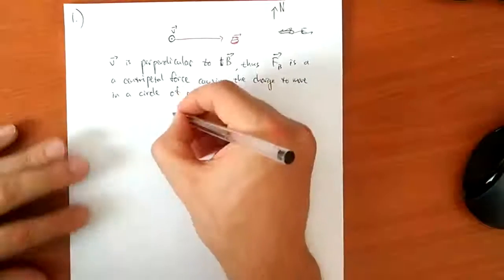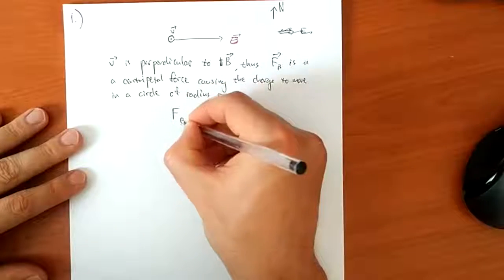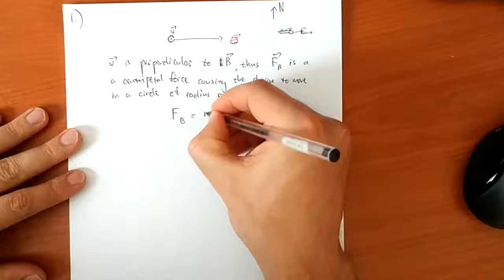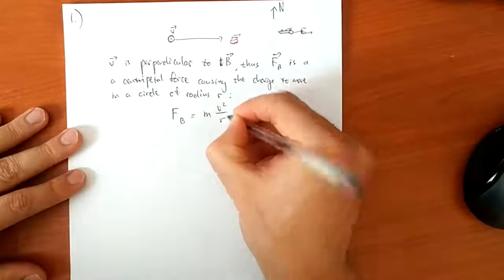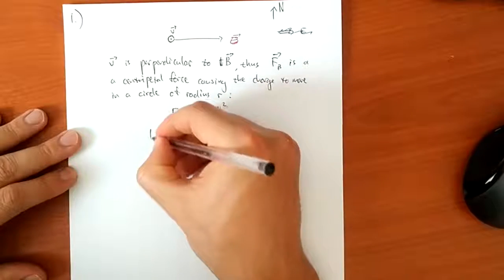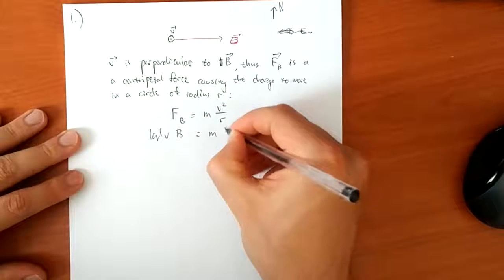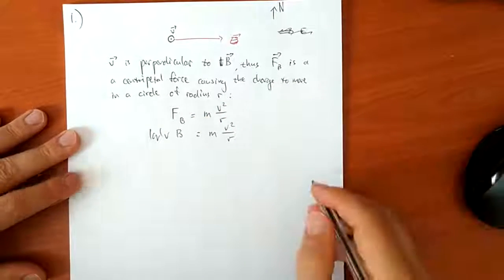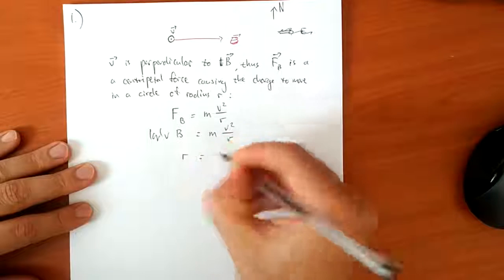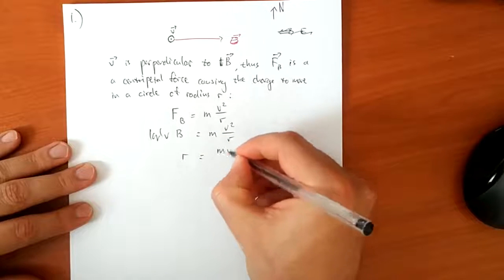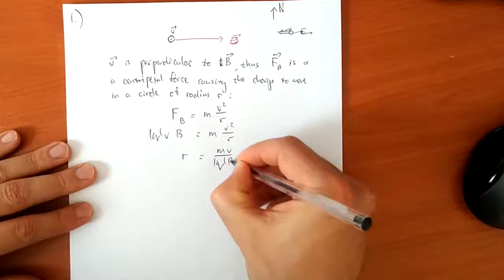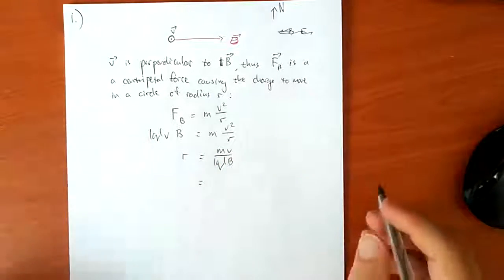As explained, the magnetic force is just equal to mass times the centripetal acceleration. Good. And this is qvB equals mv squared over r. Right, so r is equal to mv over qB, and now we just substitute the values.